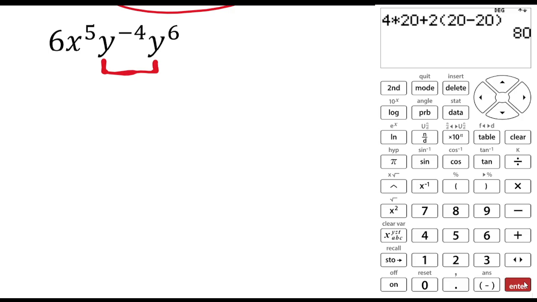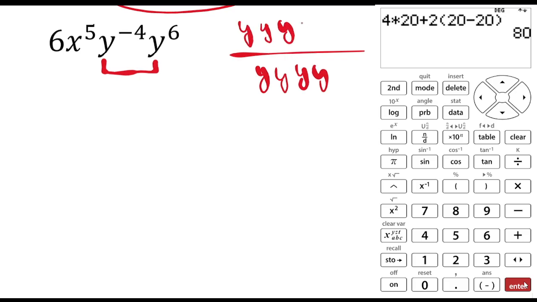If I look at this, y to the -4th means I'm dividing by y 4 times, and then I'm multiplying by y 6 times. If I visualize that, I'm dividing by y, y, y, y. But I'm multiplying by 6 of them: y, y, y, y, y, y.